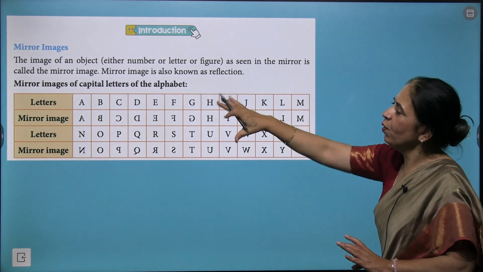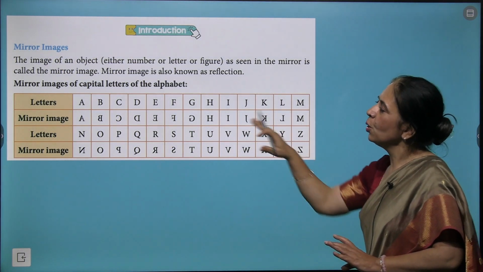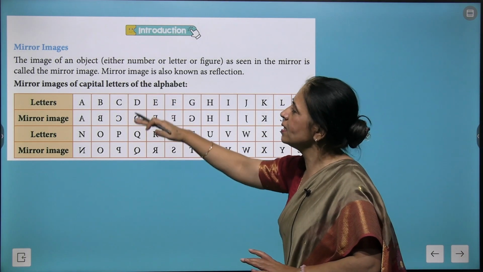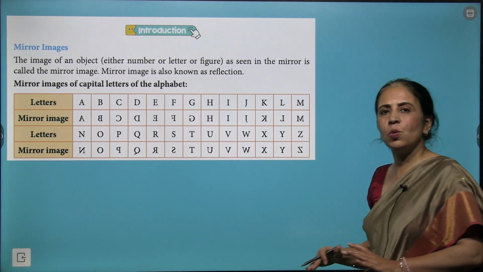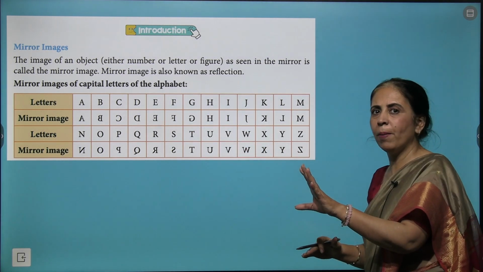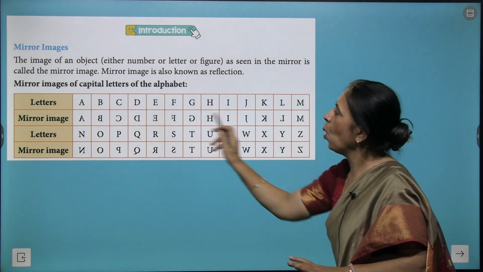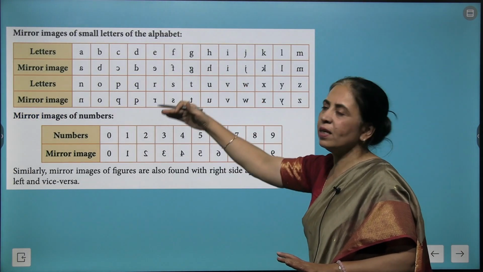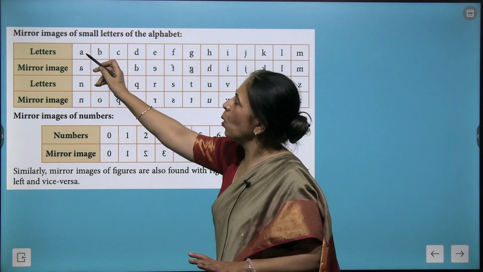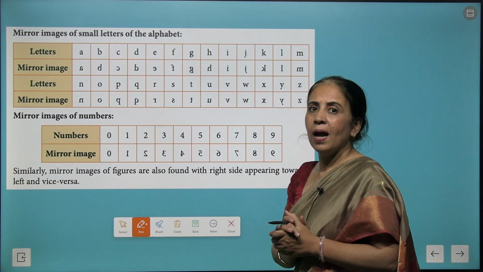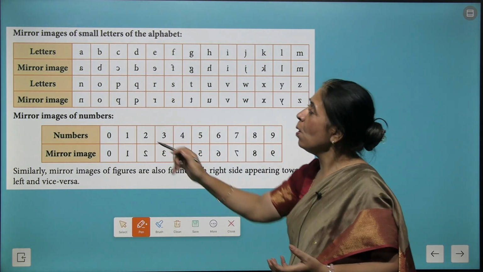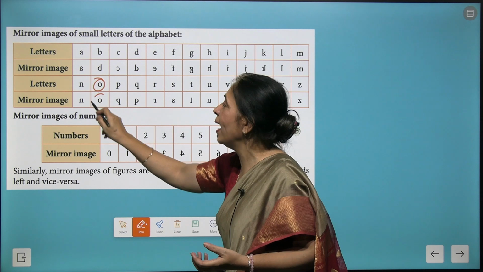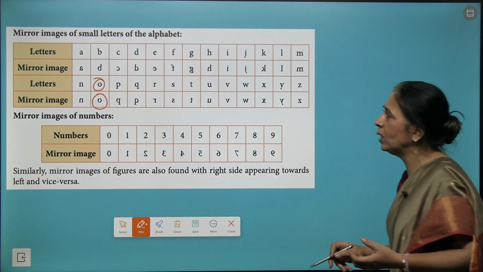Now further, we have a few alphabets here. You could see how these alphabets look when you see them as a reflection in the mirror, and these are all from A to Z. Now moving further, we have taken small letters. So small letters look like this, and to your surprise, some of the letters appear exactly the same as they are.